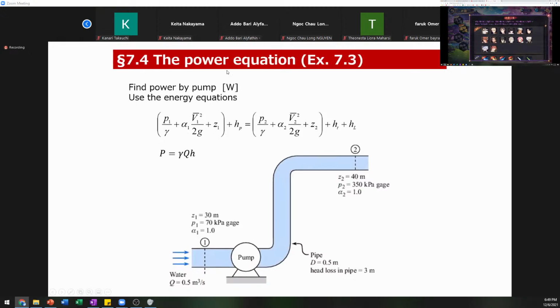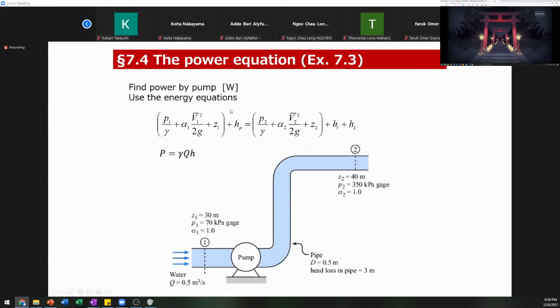And the power equations. So now we can consider the pump head here, because there is a pump. So find the power by pump in watt.